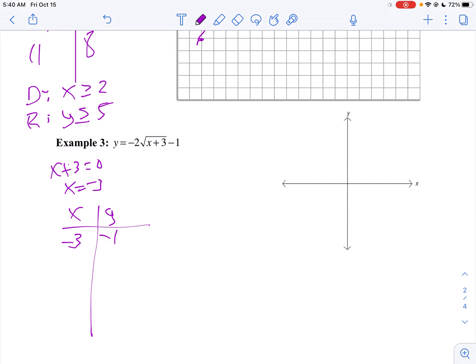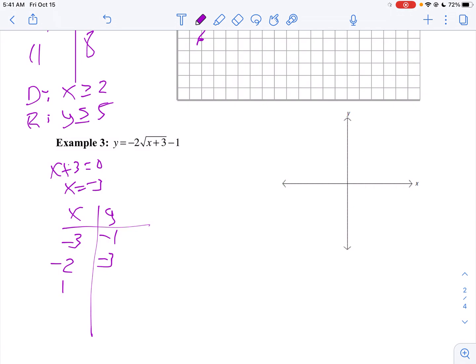I can put in negative 2. Negative 2 plus 3 is 1. The square root of 1 is 1, times negative 2 is negative 2, minus 1 is negative 3. Then I know the square root of 4. So what value of x would put 4 on the inside? Well, that would be positive 1, wouldn't it?